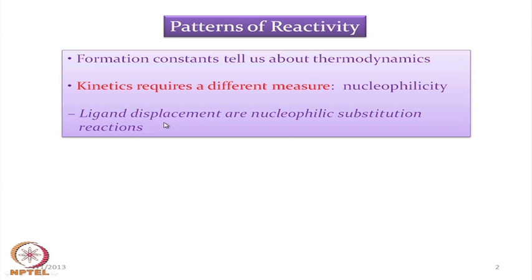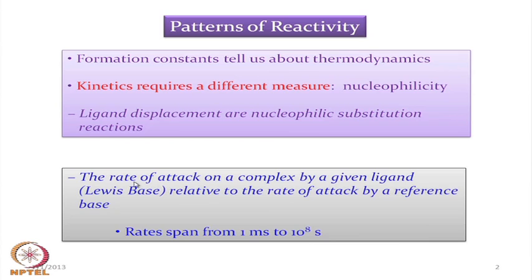So, in all these cases the ligand displacement reactions are nucleophilic substitution reactions. One L is substituting another L which is attached to the nucleophile, that means the metal center. So, we get nucleophilic substitution reactions for these ligand substitution reactions. So, we have the rate of attack on a complex by a given ligand, that means the Lewis base attacking the metal center, relative to the rate of attack by a reference base.